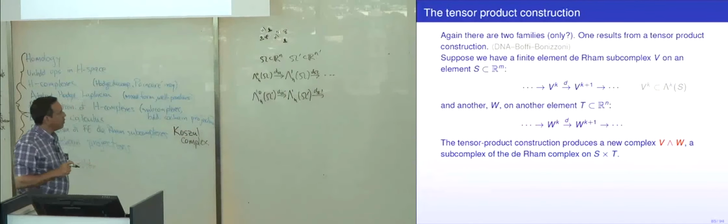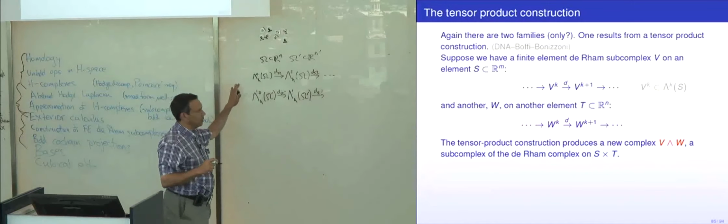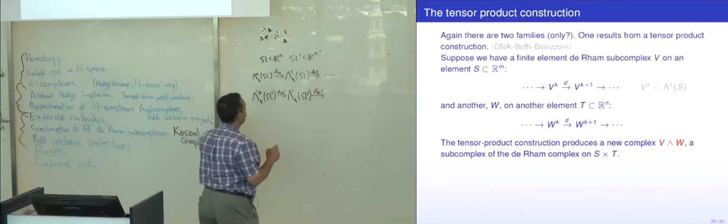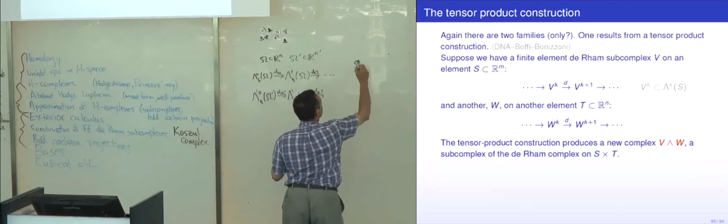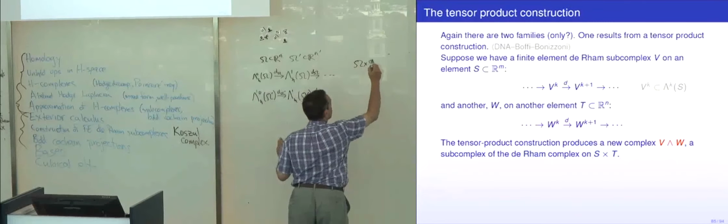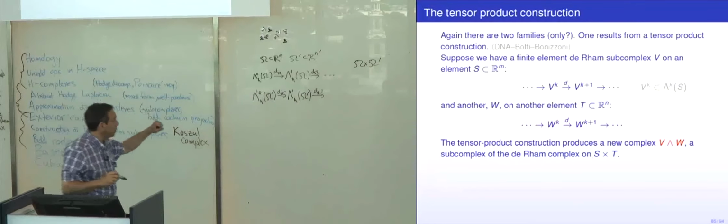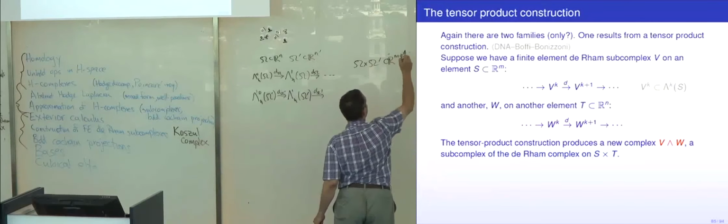Okay, and now what I want to do is take a tensor product of these complexes, whatever that means, so that I get a subcomplex of the de Rham complex for omega Cartesian product omega prime, which would be in R^(n plus n prime).